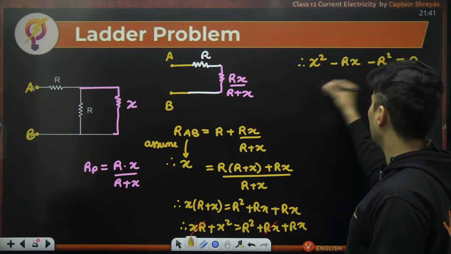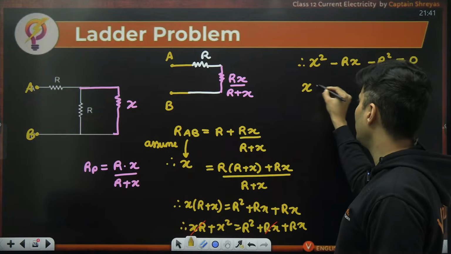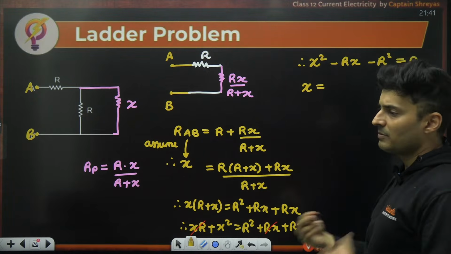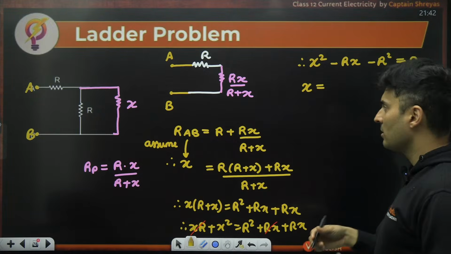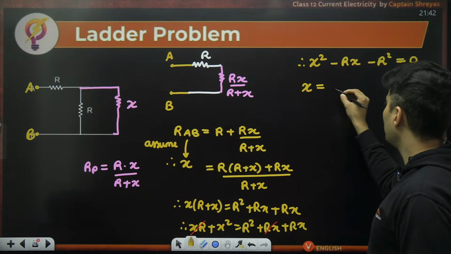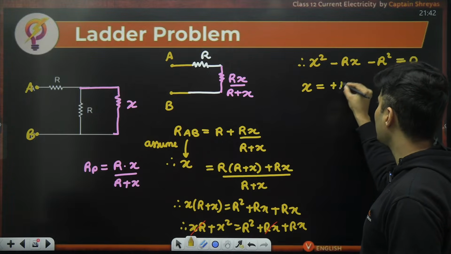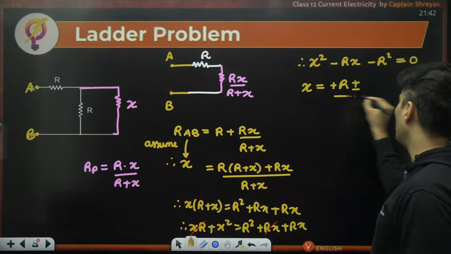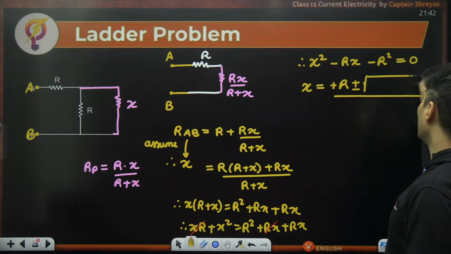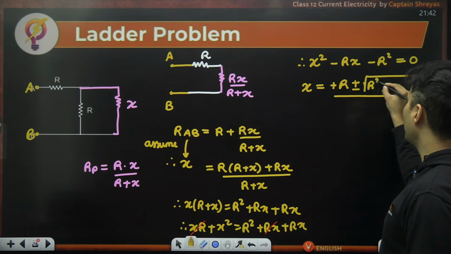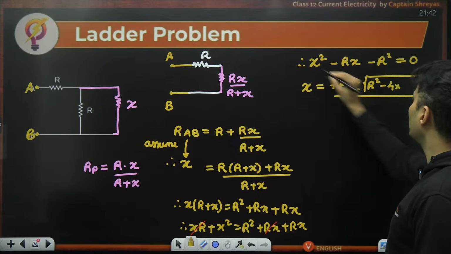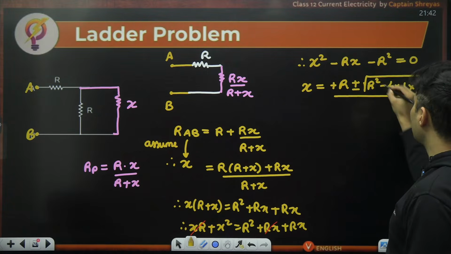So now, not a great route, so just solve it by the regular formula, minus b plus minus root of discriminant, over 2a. So here minus b, which is minus of minus R, which is plus R, plus minus the root of b square, which means R square, minus 4 into a, which is 1, into c, which is minus R square.